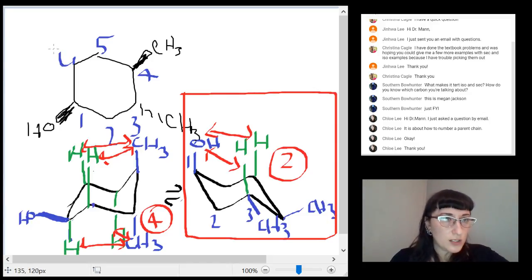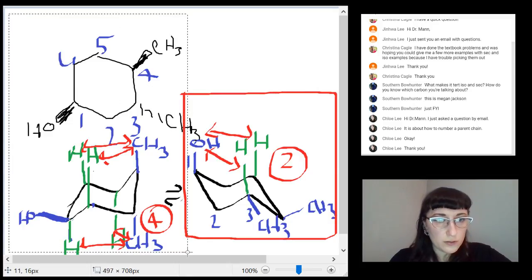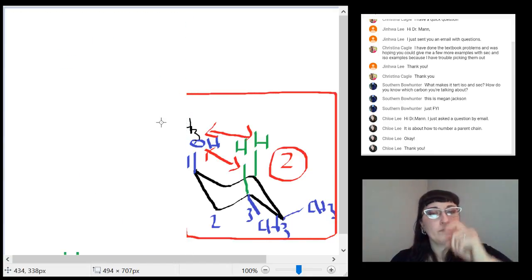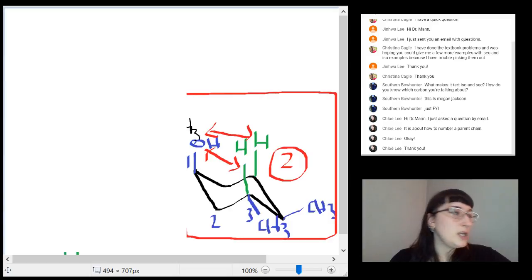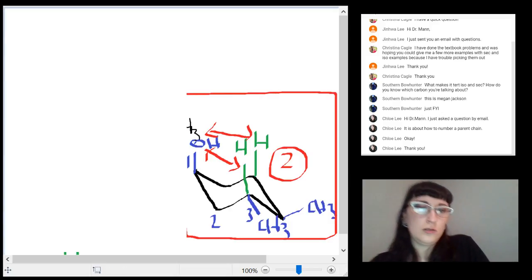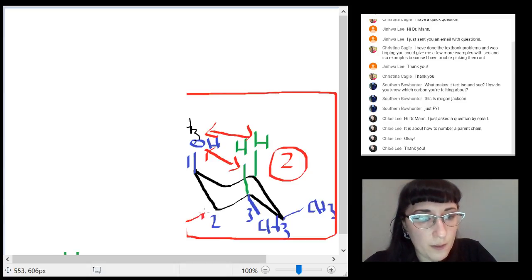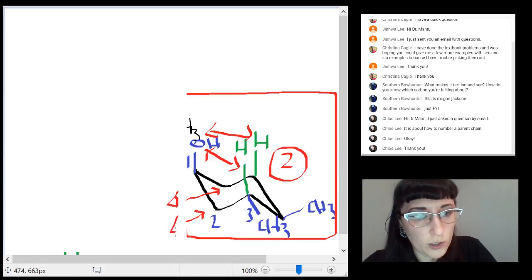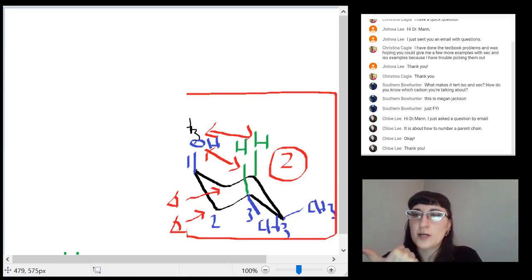Why don't we take this one molecule, the more stable one, crop the rest of this out. There we go. Let's do a Newman projection of this, looking down that bond and that bond. So that's our eyeball looking down that direction.